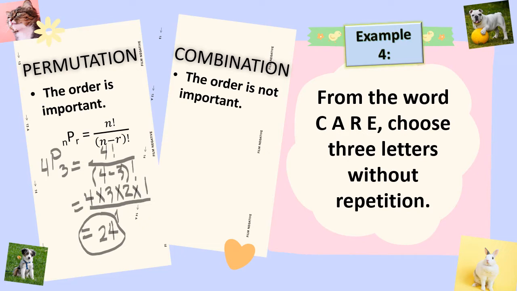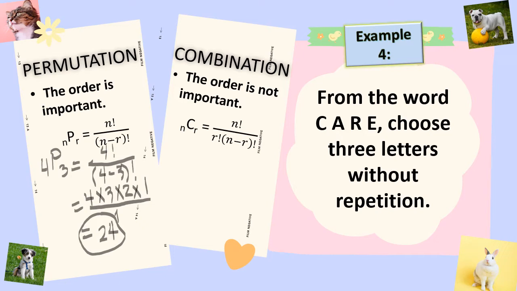Tignan naman natin sa combination. We will use the formula of combination, which is combination of n taken r at a time, is equal to n factorial divided by r factorial multiplied by the factorial of the difference of n and r.